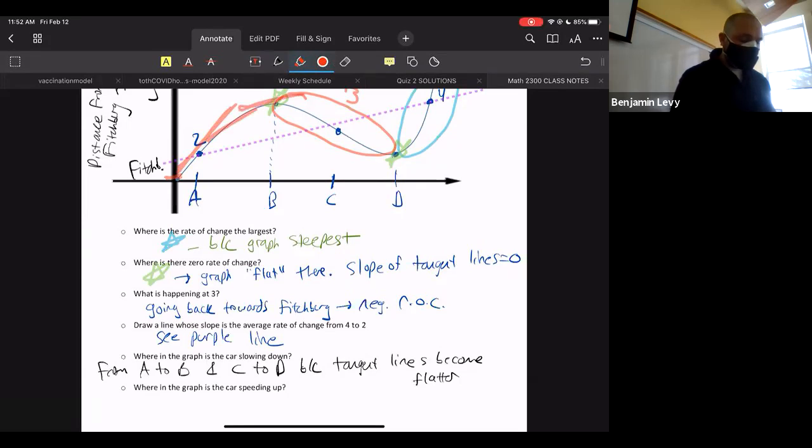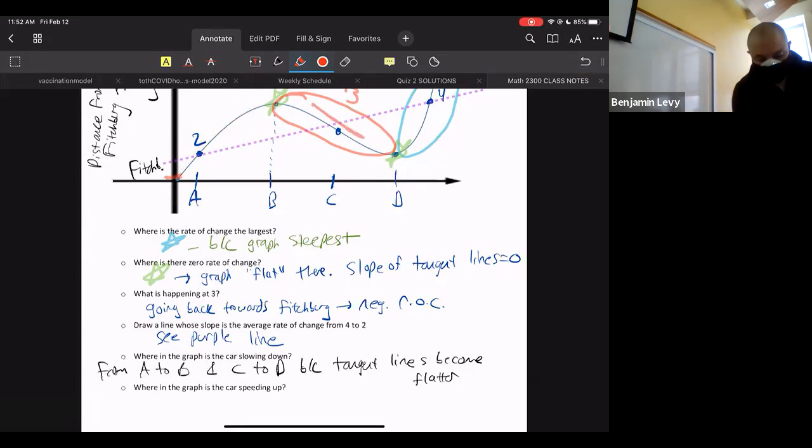So it's decreasing. Similarly, if we went from C to D, C is going kind of fast towards D. But as we get closer to D, the tangent line flattens. Right, so the places where the tangent line's flattening is slowing down. And then speeding up is the opposite. So it'd be like B to C or beyond D, for example.